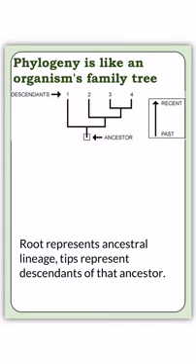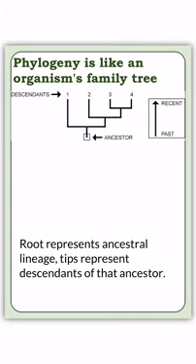Phylogeny is like an organism's family tree. Understanding phylogeny is a lot like reading a family tree, where the root of the tree represents the ancestral lineage, and the tips of the branches represent the descendants of that ancestor.